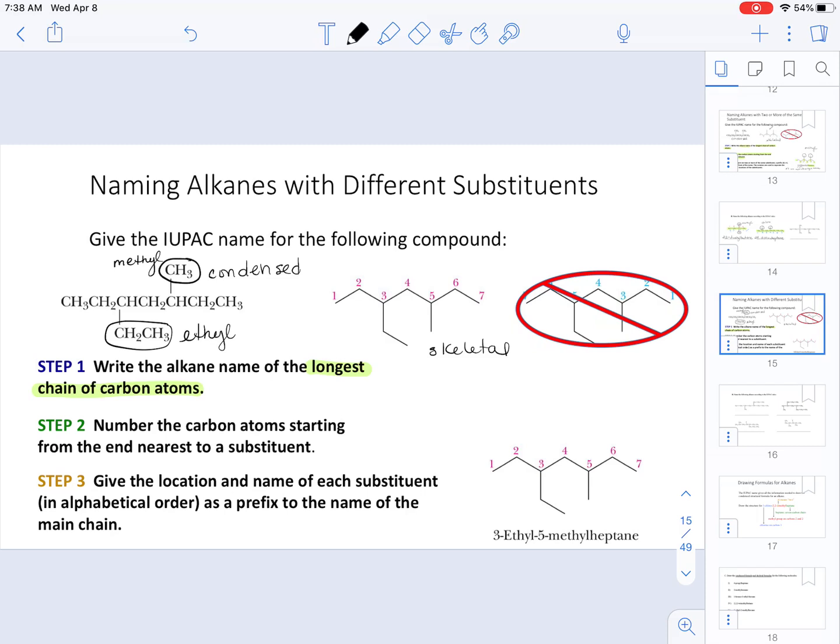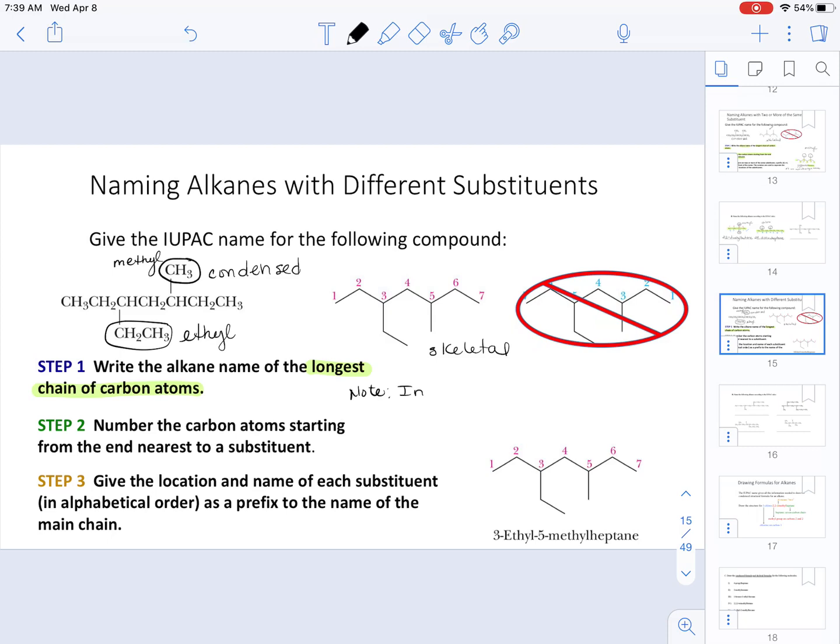So, when you have to decide how to give the numbering and you have the same numbering for your substituents, that's the only time where alphabetical order will precede numbering. Numbering is always the rule of thumb. That's step 2. We're going to number the carbon atoms from the end that is nearest the substituent. I'm just going to write a note.